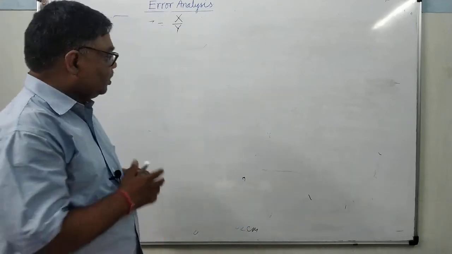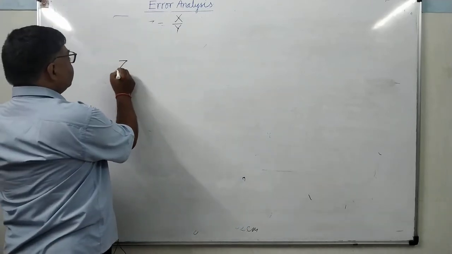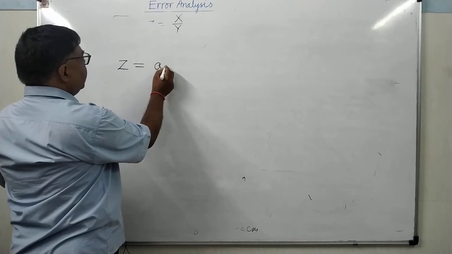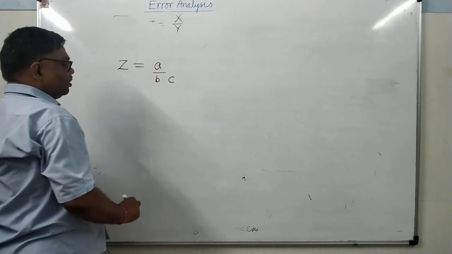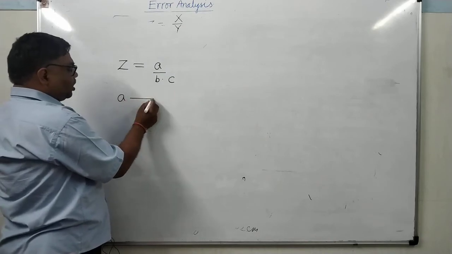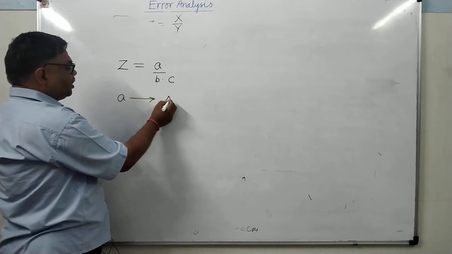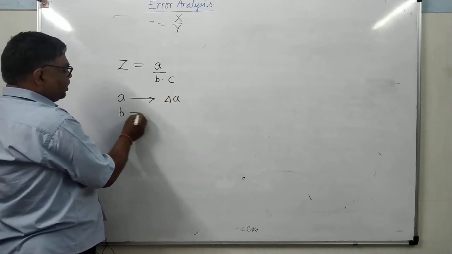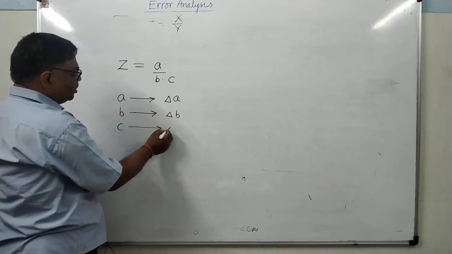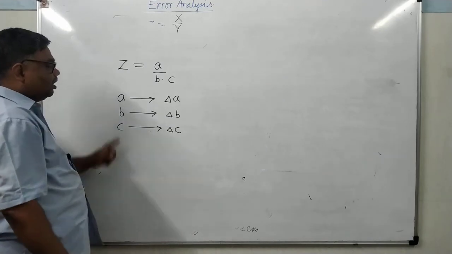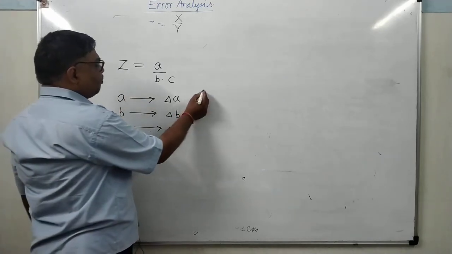Means you can see here. Suppose Z is equal to A upon B into C. Absolute error in the measurement of A, delta A. In B it is delta B. In C it is delta C. So what is the relative error in the measurement of A?